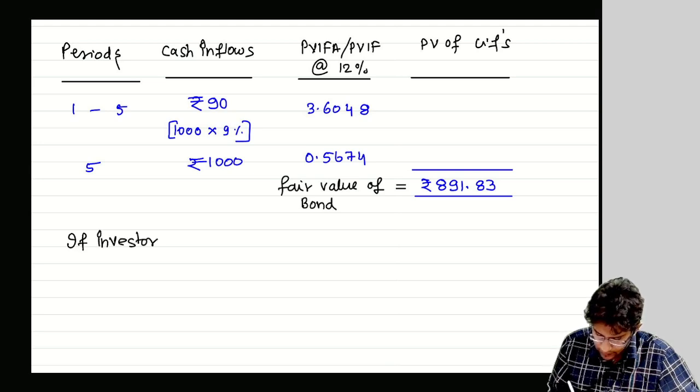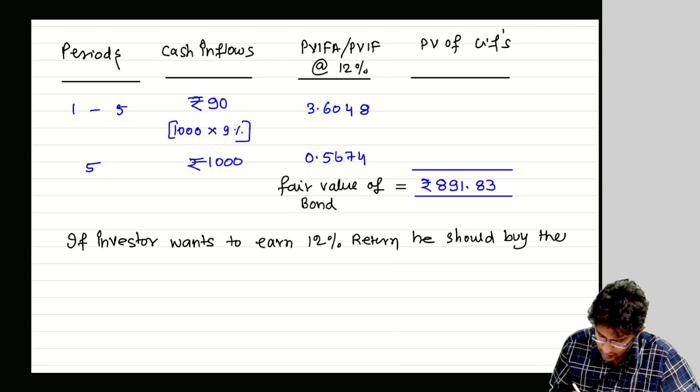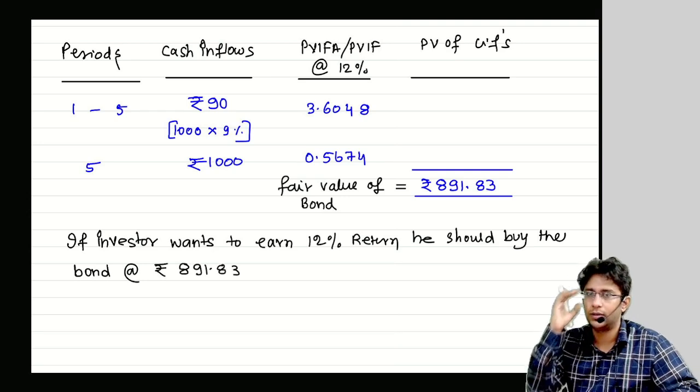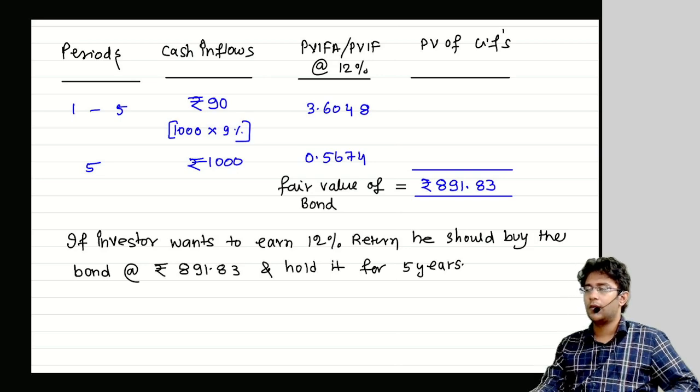If investor wants to earn 12% return, he should buy the bond at rupees 891.83 and hold it for 5 years.